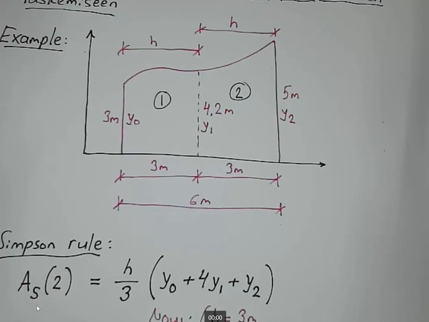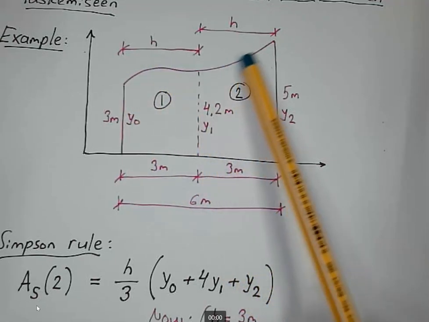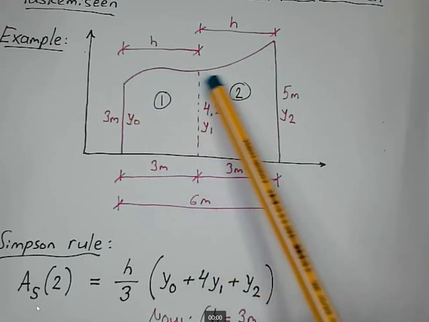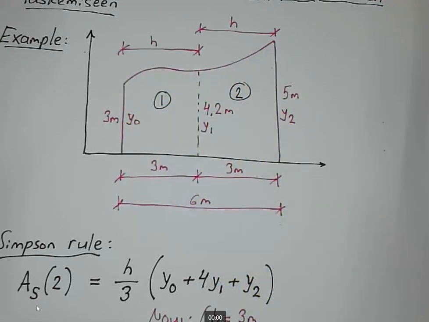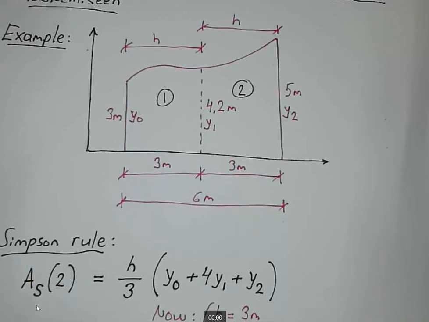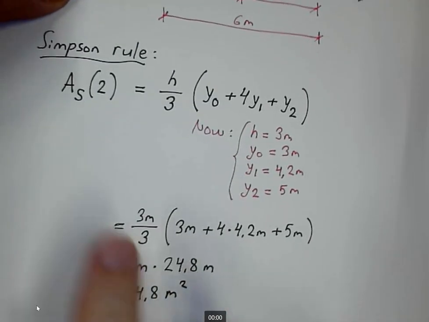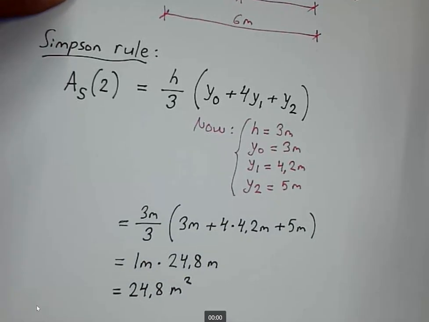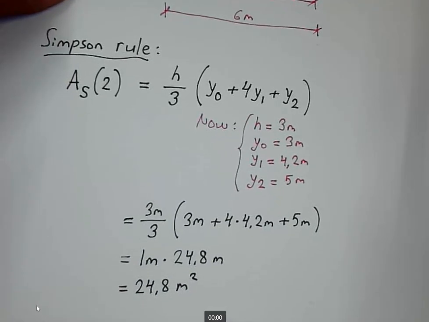But as I said, if this borderline is quite smooth, this is a very good approximation. And many times this simplest version of the Simpson rule is well enough.